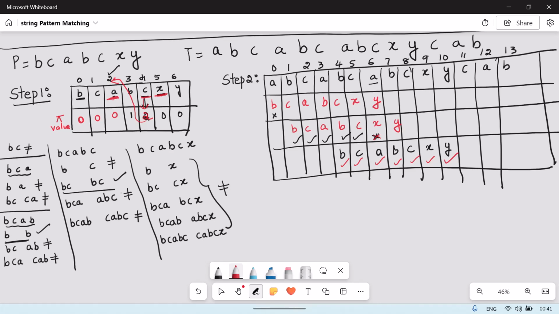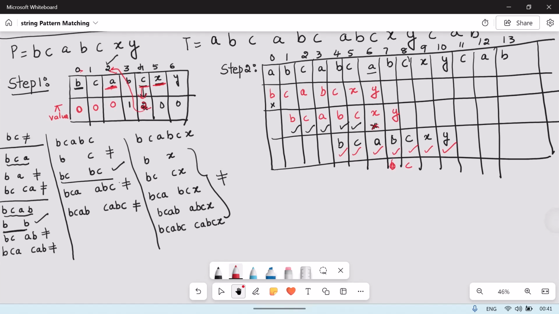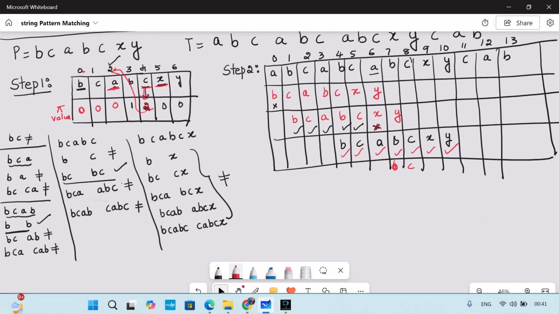Suppose I had got 0 when I did this checking. Then wherever the mismatch happened, directly one place after that you place. Otherwise, based on the character, whichever character it is, you place under the mismatch position. So this is how you do the KMP pattern matching algorithm.